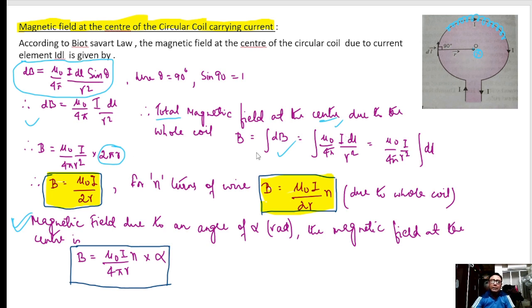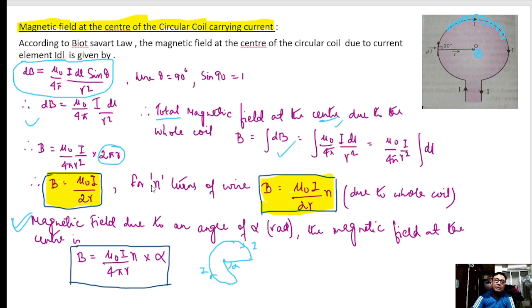Now if I take a part of the wire, like this, making an angle alpha and carrying current I, what is the magnetic field at this point?